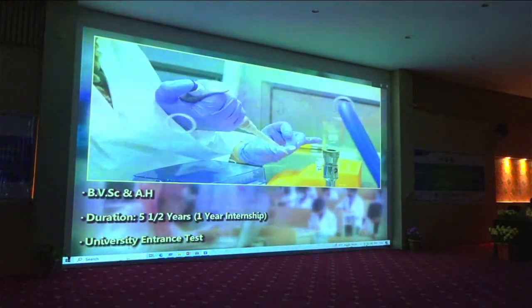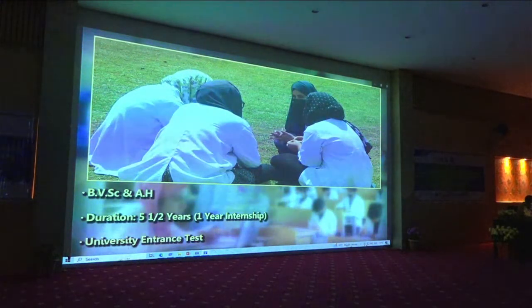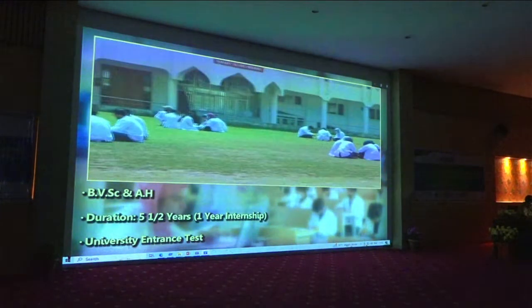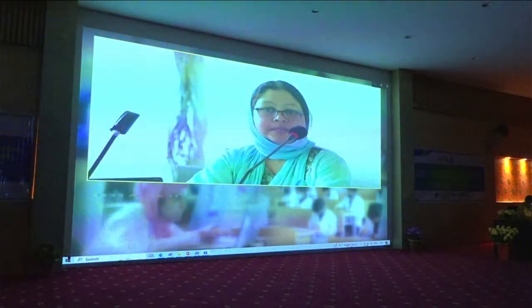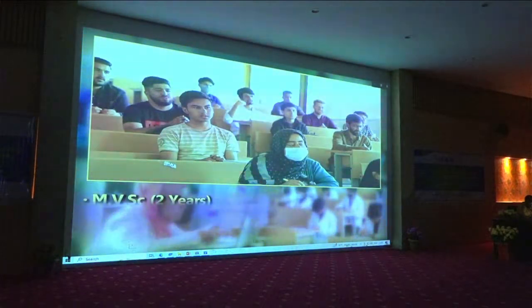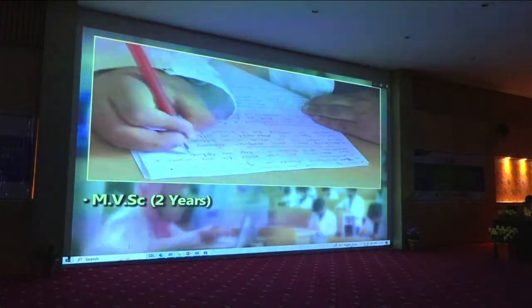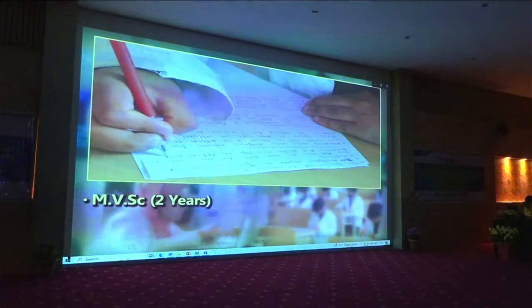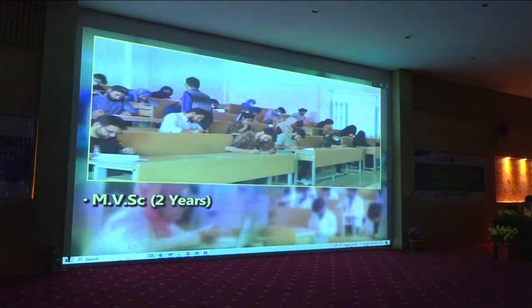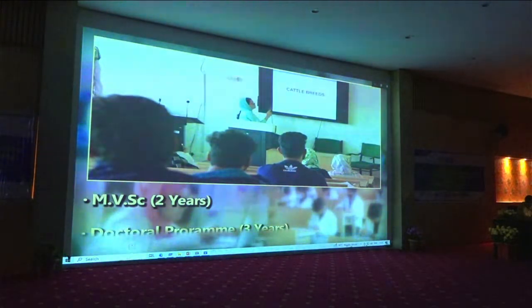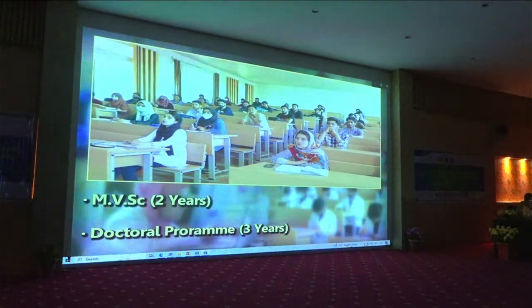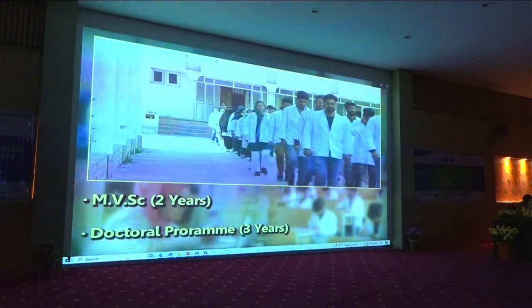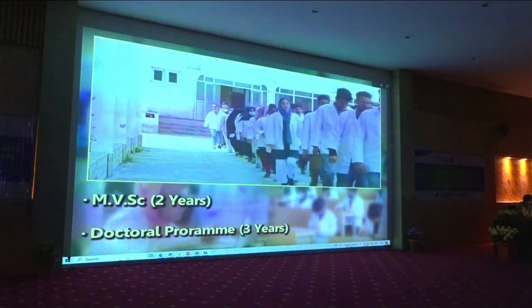The selection of candidates for the UG program is done via a yearly entrance test on the basis of merit, while the Masters in Veterinary Science (MVSc) is offered in 19 disciplines and the Doctorate degree program, that is PhD, is offered in 17 disciplines, which are minimum 2-year and 3-year programs respectively, with a minimum 1-year research period component as its core.